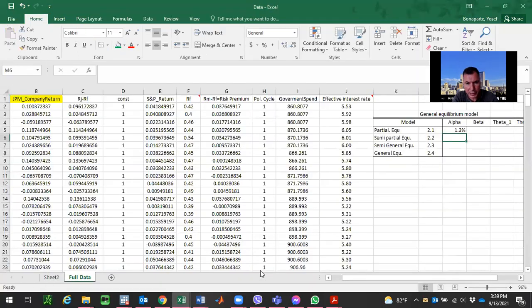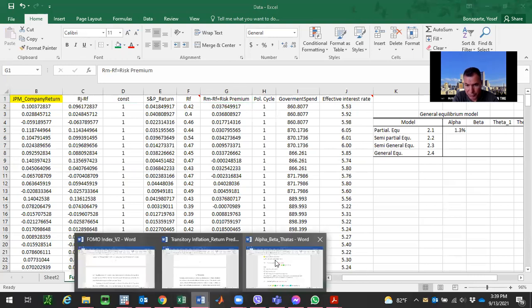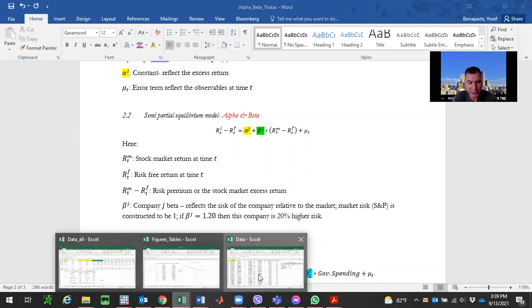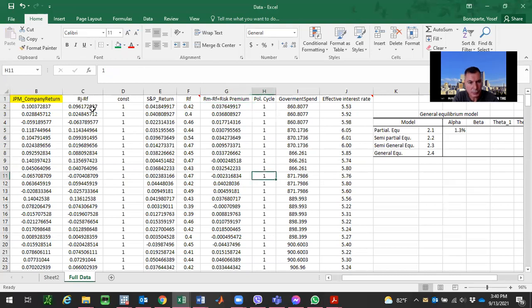We're going to go back to the data here. Now we're going to regress the Y over a constant and the risk premium. RM minus RF we call the risk premium, or stock market excess return. So that's the second model we're going to do.